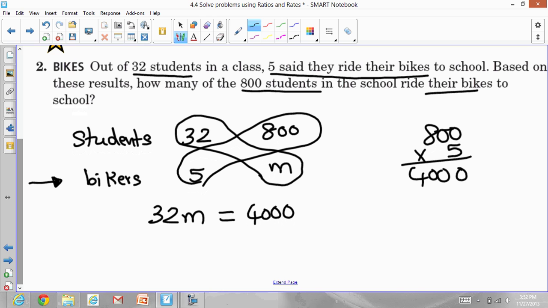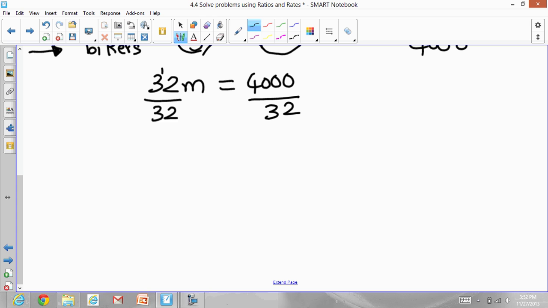And my last step is I want to find M, so I have to get rid of 32. So I divide by 32 here and here. It has to be the same number on the bottom. Cancel these two and you get M equals, so 4,000 goes in the shelter. The top number always goes in the shelter, divided by 32.